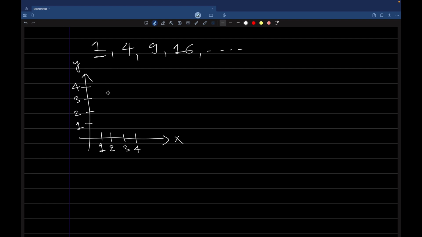For 1 it is 1 cross 1, hence you will take only 1 cross 1, you will get 1 as the answer. If we take 4, this is 2 into 2 is 4, hence if we plot 4 you will get something like this.